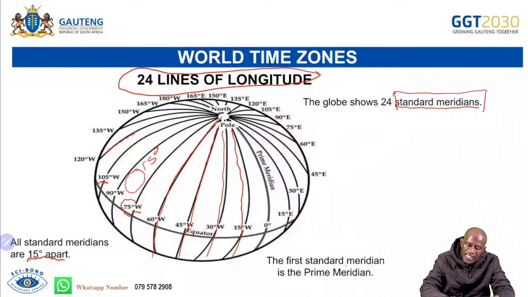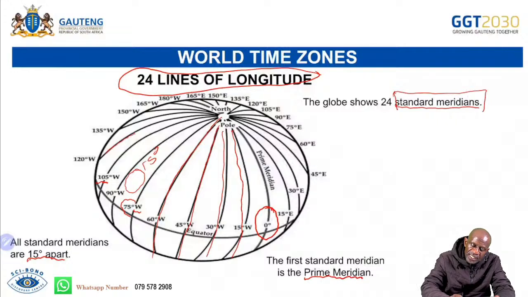The first standard meridian is the prime meridian. And which one is the prime meridian? It is the first one, which is the 0 degrees line of longitude. As you can see here, it is labeled as the standard prime meridian.